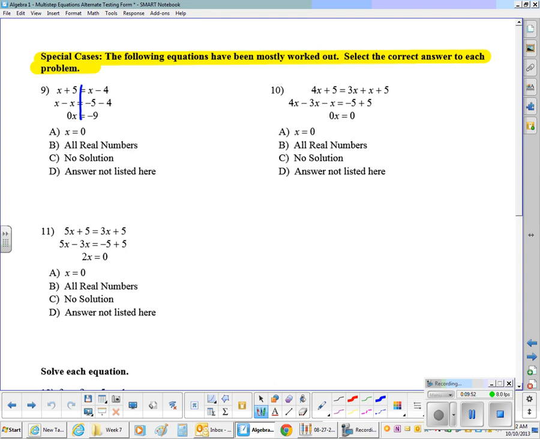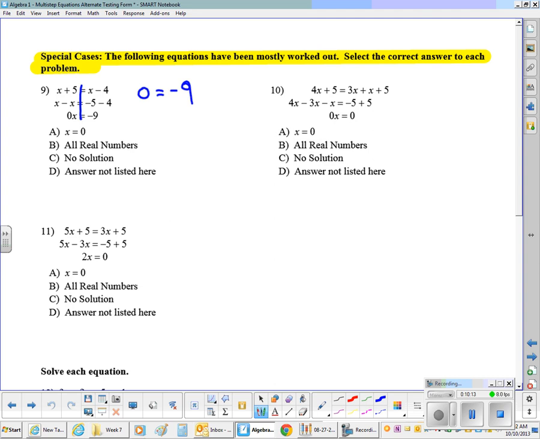Okay? So what I want you to do is take a look at the work. They sorted things out. They simplified, combined like terms, and they end up with 0x equals negative 9. If I have 0x equals negative 9, that implies the 0 times x is 0 equals negative 9.